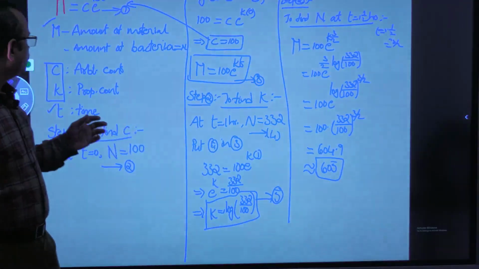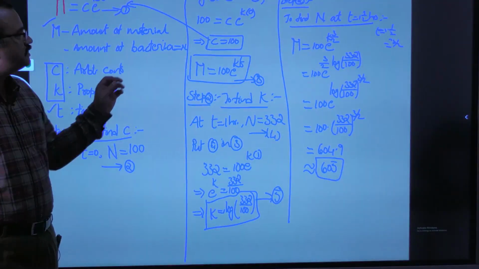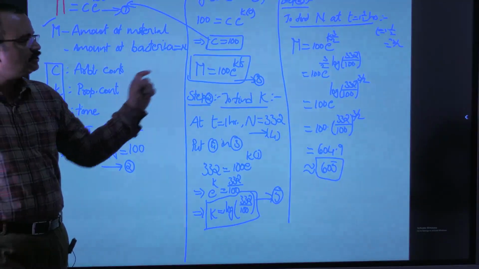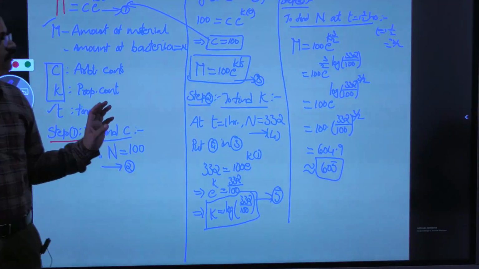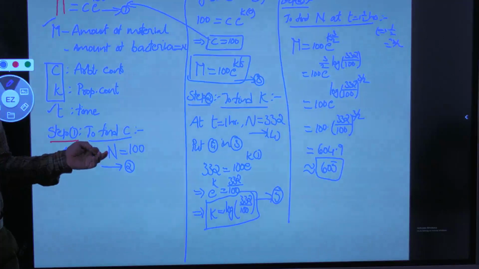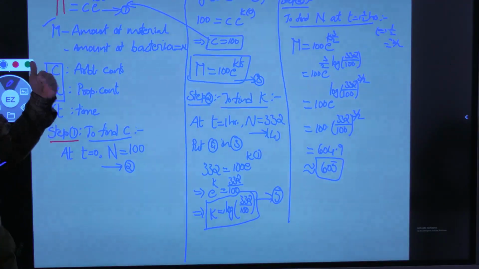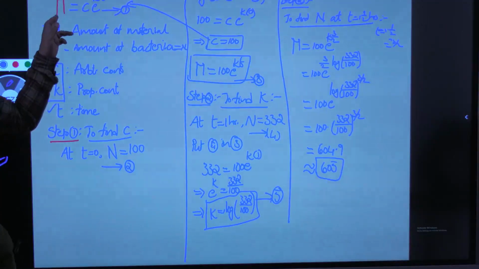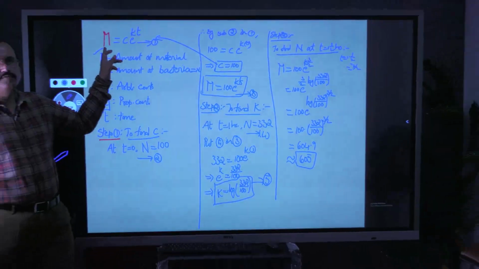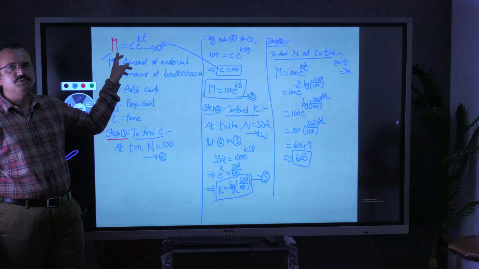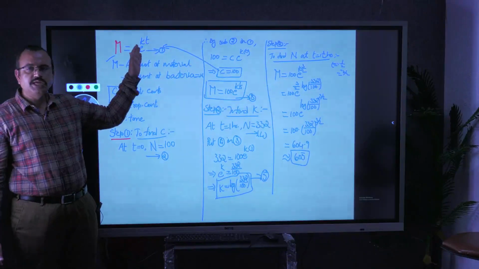Once again I will repeat. The number of bacteria in a culture was initially 100 and increased to 332 in 1 hour, and after 1.5 hours what will be the amount of bacteria present in that culture. As the amount of bacteria is increasing, I have taken the formula of the law of natural growth, n is equal to c into e power kt.